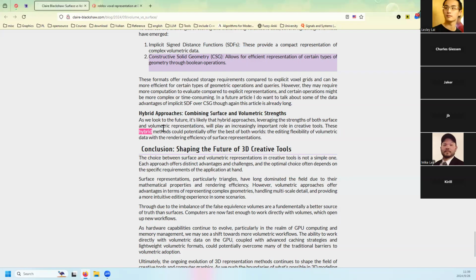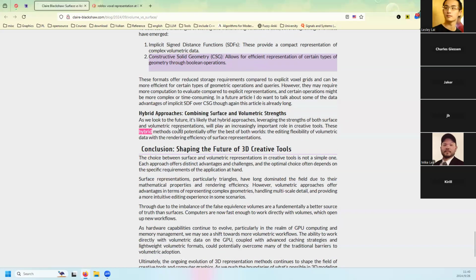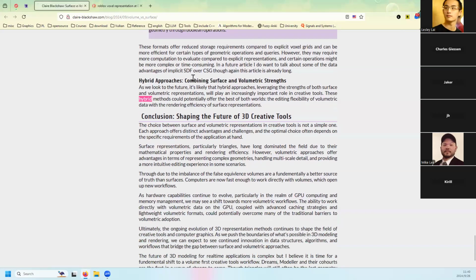The way that works is they do use SDFs, but they cache the distances to a voxel grid. I think, yeah, maybe the closest primitive also. Yeah, they were talking about combining surfaces and volumetric, so I don't know what it means, but yeah, whatever.